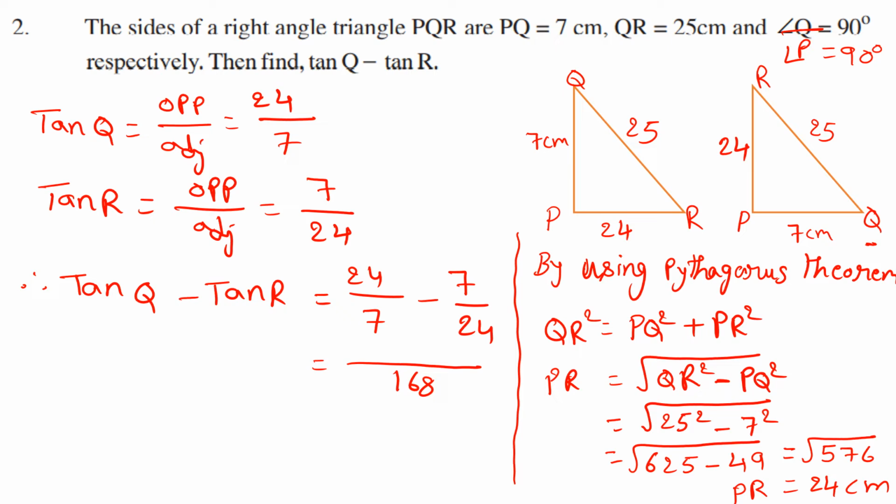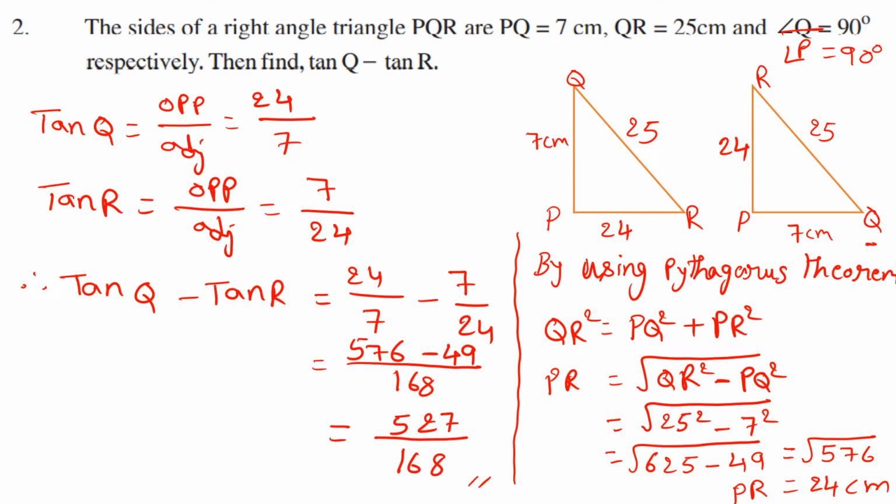So we cross multiply, as we already know how to calculate with fractions. 24 times 24 is 576, minus 7 times 7, which is 49. So 576 minus 49 is 527 by 168. That is the value of tan Q minus tan R.